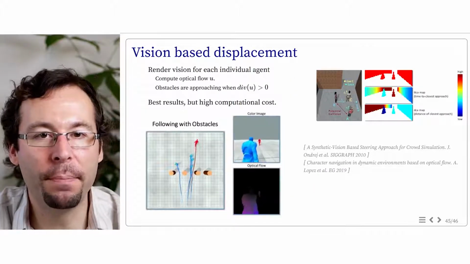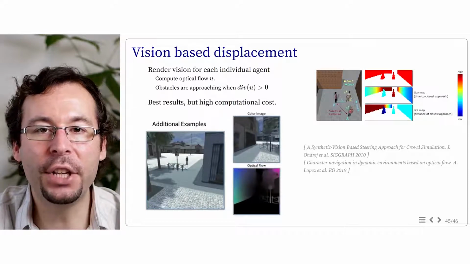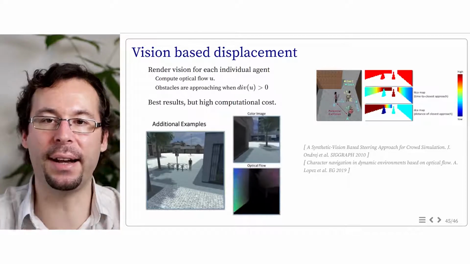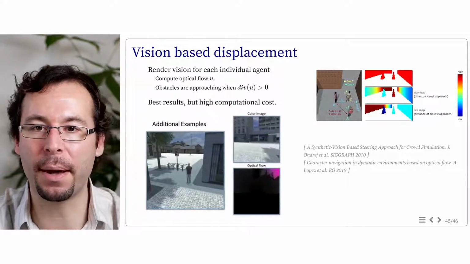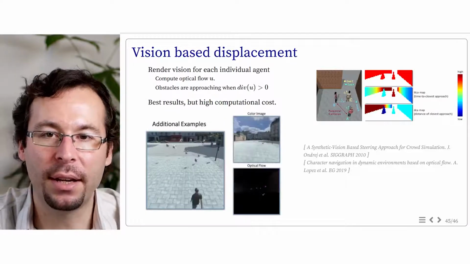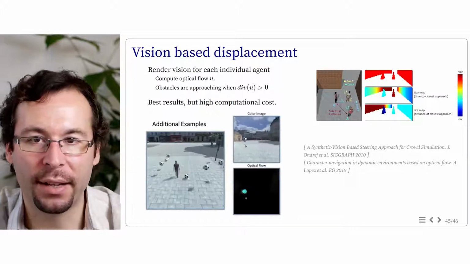And to even further improve the model, we can really try to simulate what each agent is seeing in the virtual world and react accordingly, instead of actual computation of distances on a map. This is the vision-based displacement model, and the idea is to render the world view by each character.